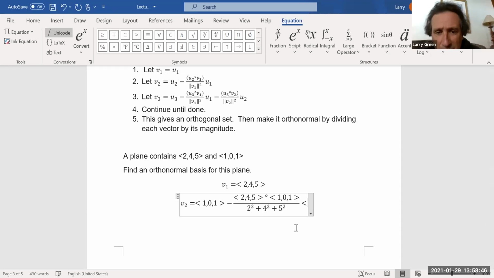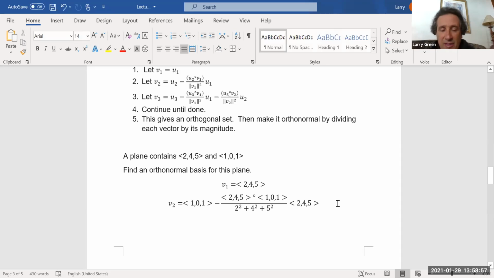And that's times U1, and U1 is 2, 4, 5. Any questions on getting this?